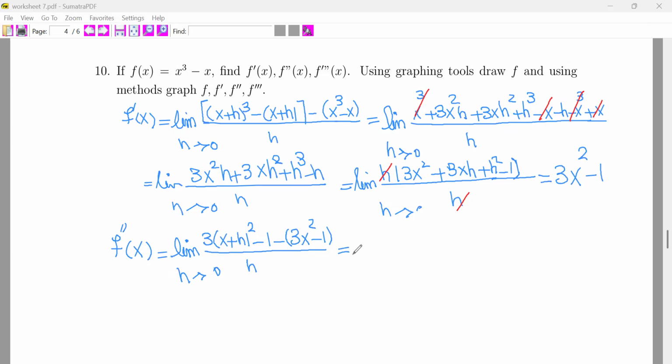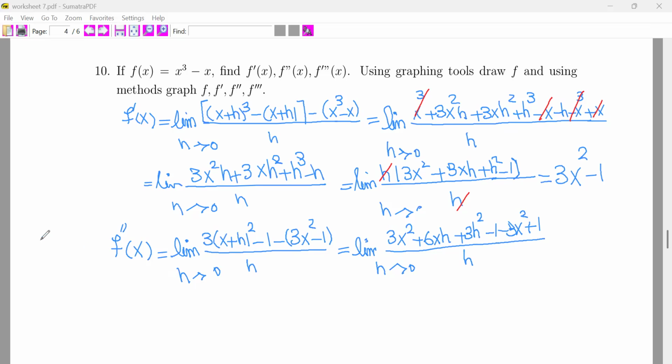If we apply that square either with a formula or multiplying by itself, you would end up with 3x squared plus 6xh plus 3h squared minus 1 minus 3x squared plus 1 all over h when h is approaching 0.